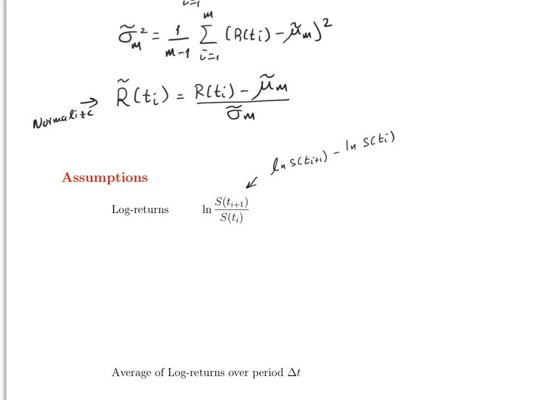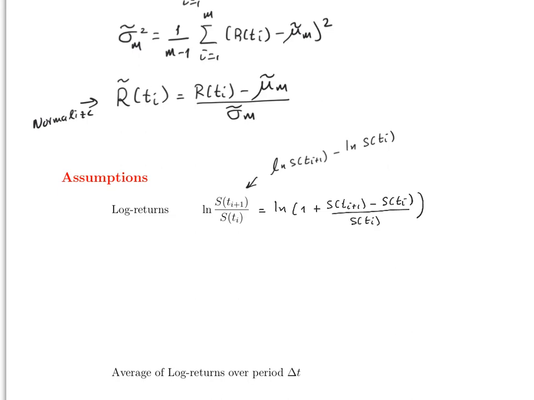Now, if we want to go to continuous time, that means the time interval is going to be very, very small. Okay. So if the time interval is small, then we can write this as ln of 1 plus s of ti plus 1 minus s of ti divided by s of ti.